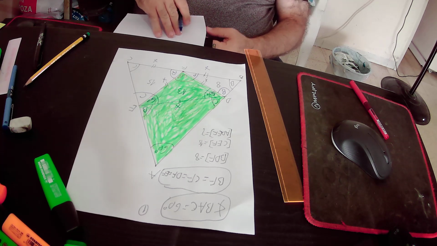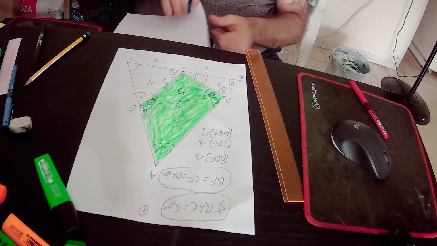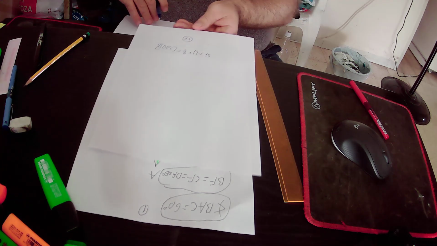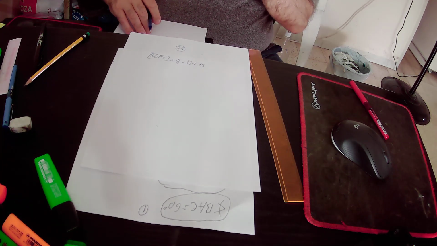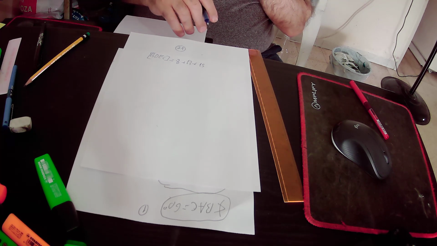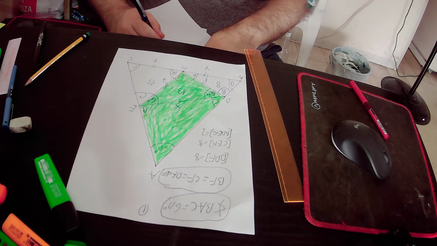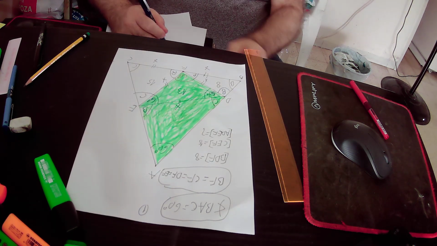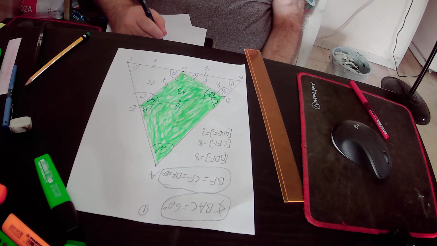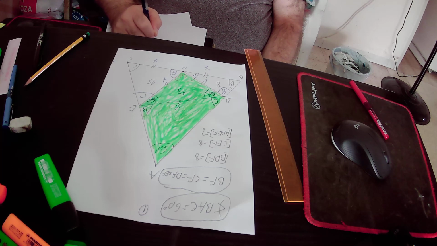Okay, so 8 plus 13 is 21, and 21 plus 15 is 36. So we found that the area of the quadrilateral BDEC equals 36 square units.